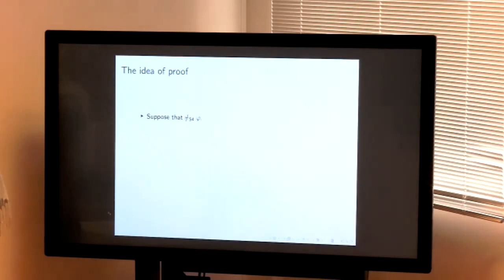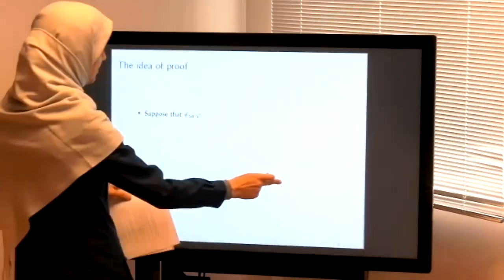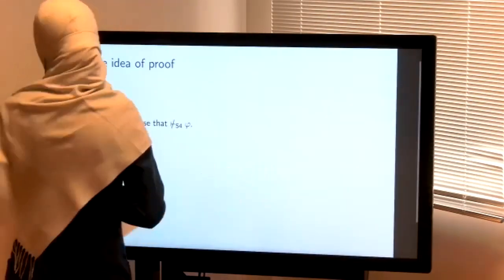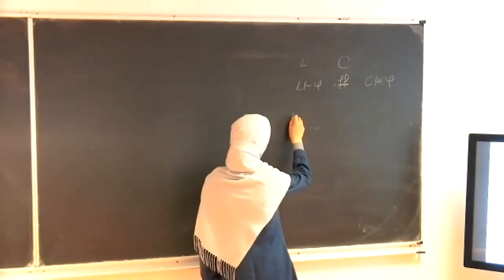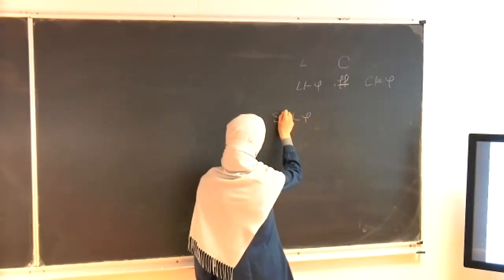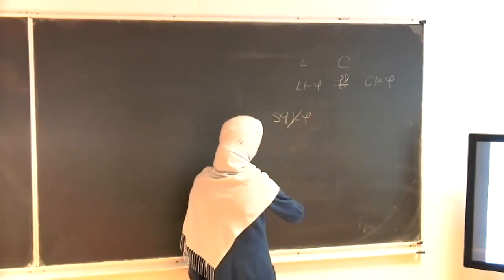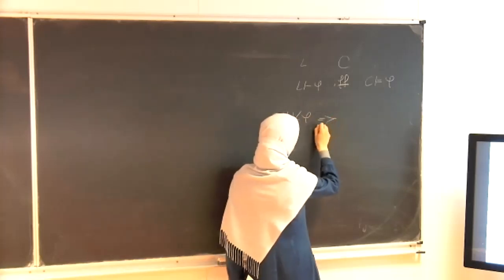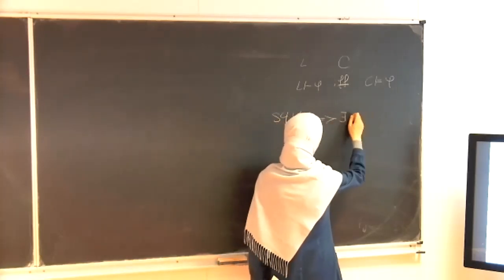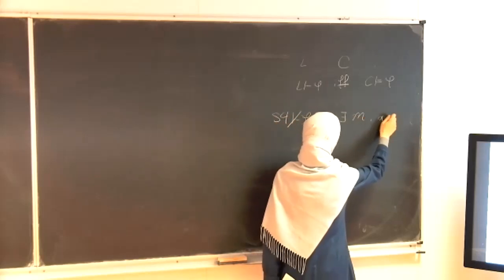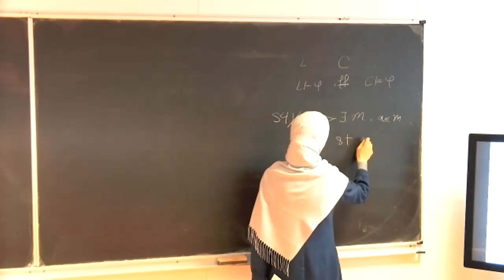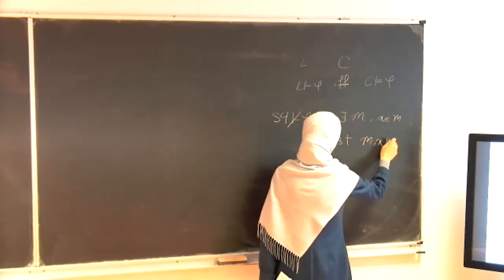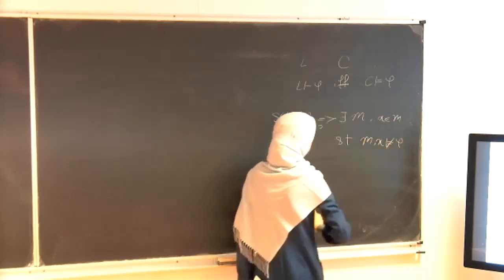To prove the completeness, I have to show that if phi is not a theorem of S4, then there exists some topological model M and a point X in M such that phi is not true at this point.